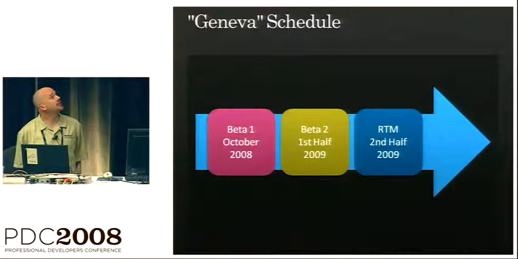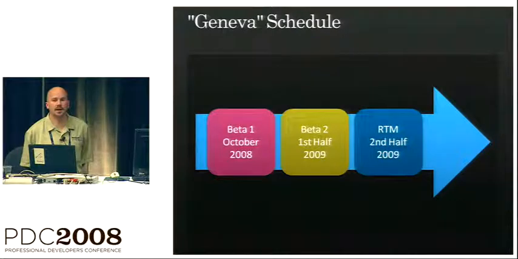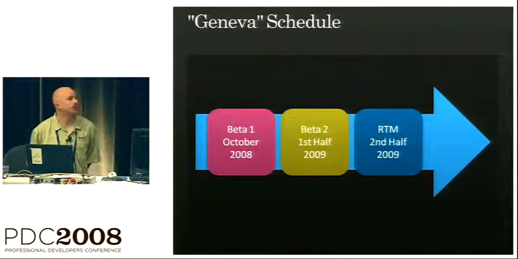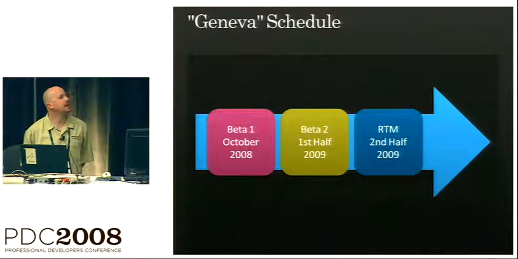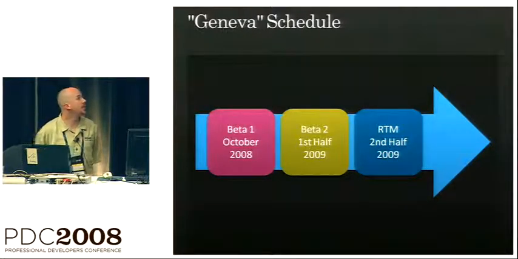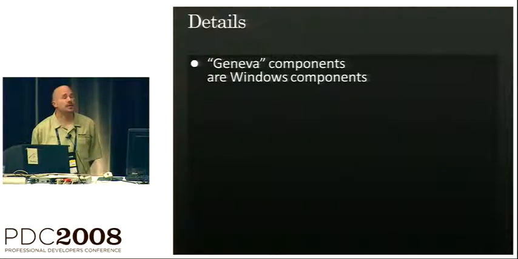The Geneva system, as you may have seen in other talks, has a beta 1 out right now. You can go to Microsoft.com/Geneva and download the bits, and try it out with the rest of the system. There'll be a second beta in the first half of 2009, and we plan to RTM in the second half of 2009. In addition, all of the Geneva components are Windows components.